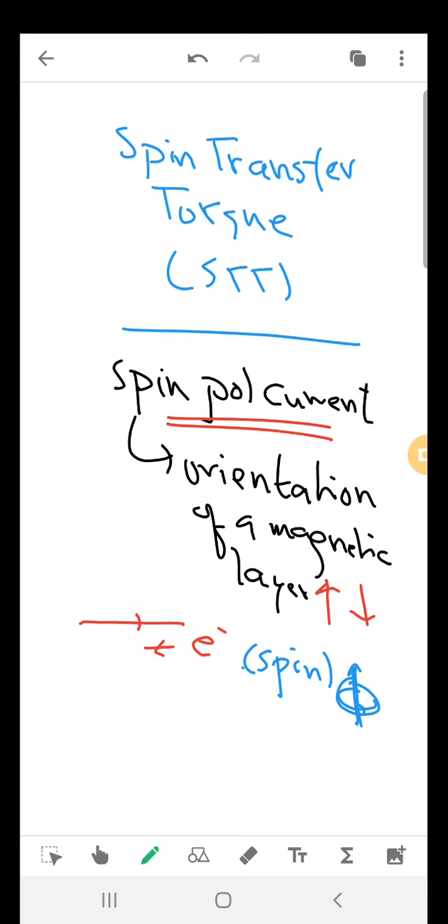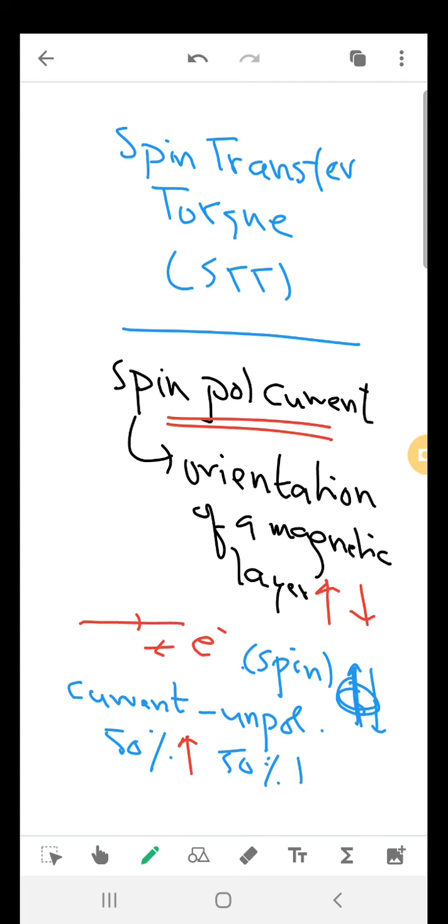Now the electric current is usually unpolarized. Unpolarized means that 50% of the electrons will have a spin in this direction, and the other 50% will have a spin in this direction. Now somehow if we could change the ratio, changing the ratio would cause the current to be a spin polarized current.